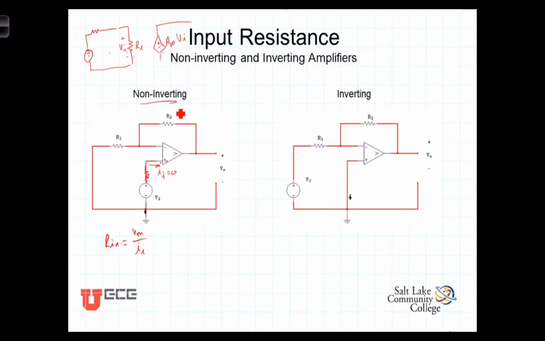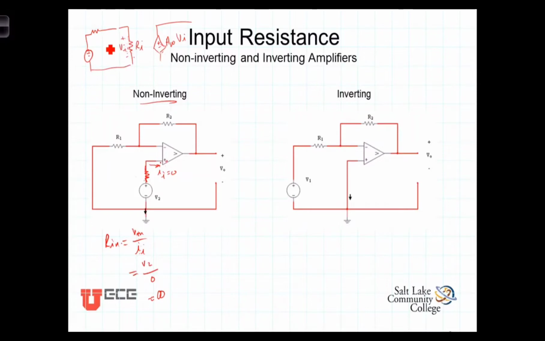So for the non-inverting configuration, Rin is equal to Vin, which is just V2, divided by In, which is 0. So the input resistance for the non-inverting amplifier is infinite. And when it comes to this type of voltage division, the voltage across the input resistance will be equal to the signal voltage because there's no current flowing between them.